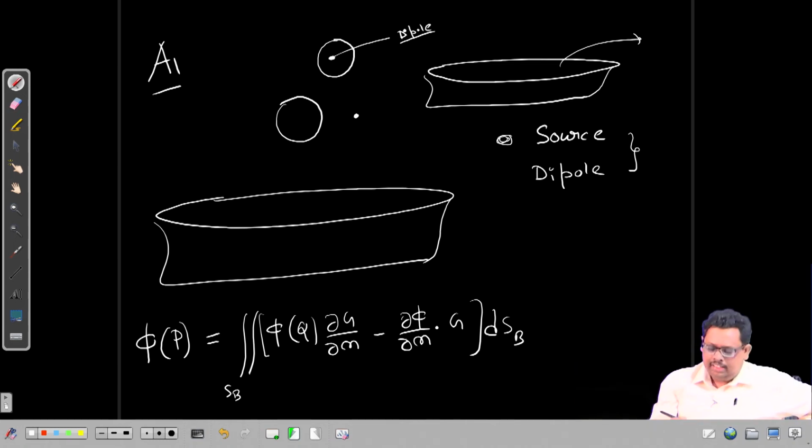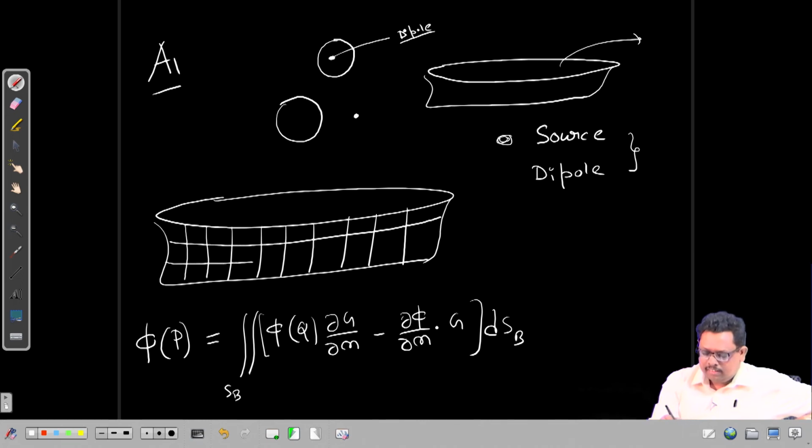Now, see here I discretize the body, definitely I discretize the body. So, I understand that the discretized body is the summation of S i.